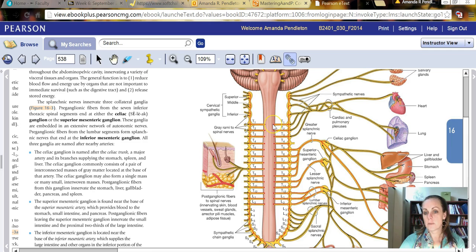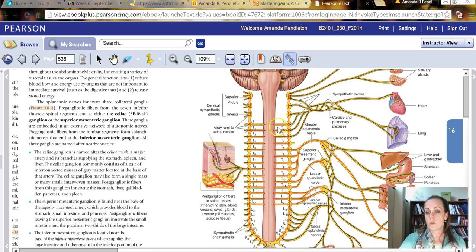Now the preganglionic neurons come out and they're all going to pass through these ganglia. These are the sympathetic chain ganglia that we've talked about before, in chapter 13, about structures and impulses that are going in and out of the spinal cord. So we talked about this before.